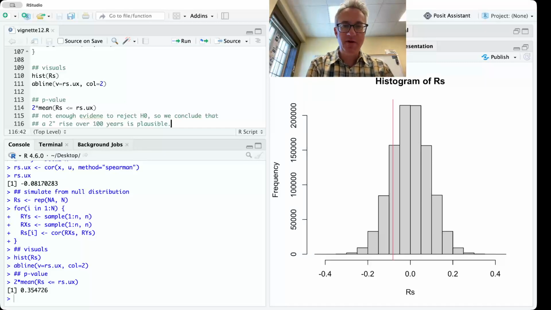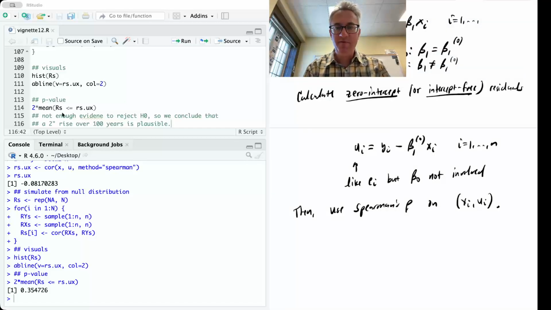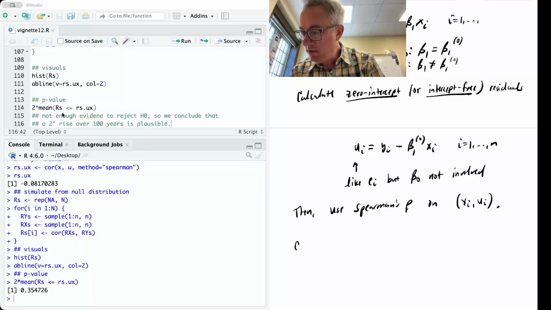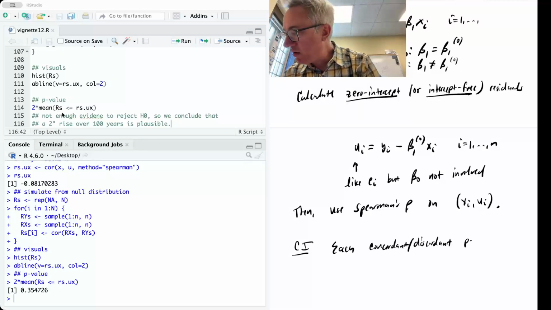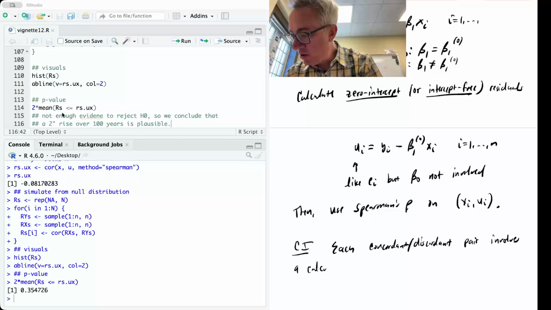Now I want to pivot to talking about confidence intervals, which I said is going to involve Kendall's tau. And what I want you to observe here is that each concordant or discordant pair involves a calculation of rise over run, right?